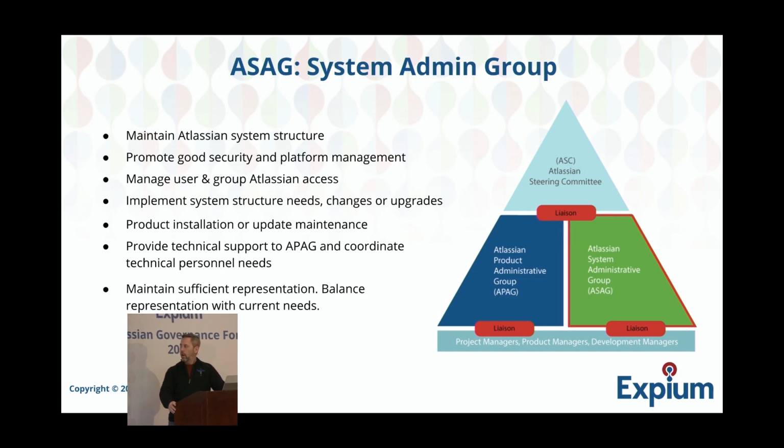So, when it comes to reporting, obviously the ASAG is going to report up to the ASC. They will report up to the ASC around specific things that, of course, relate to system activities or people activities or even integration of products. There is going to be a spillover with integration of products between the APAG and the ASAG.